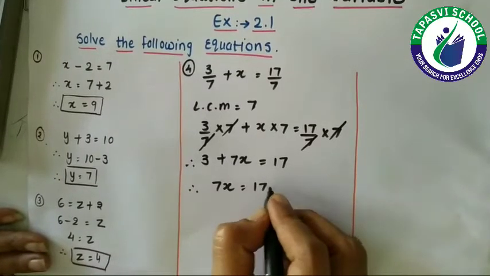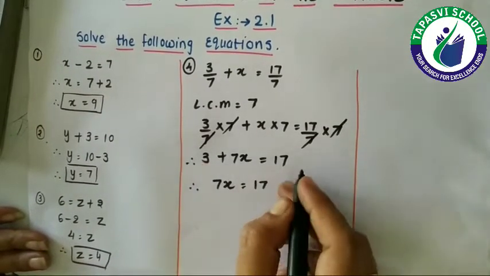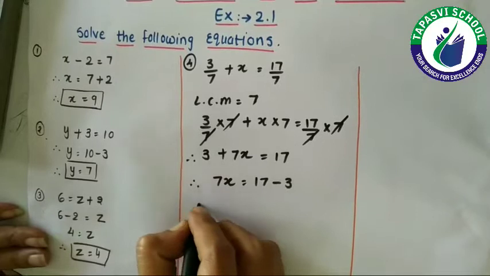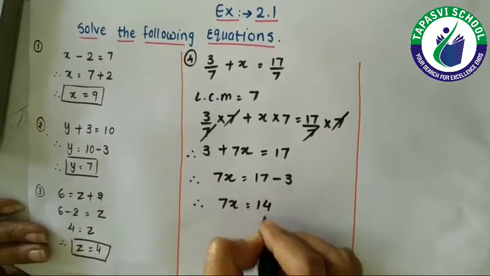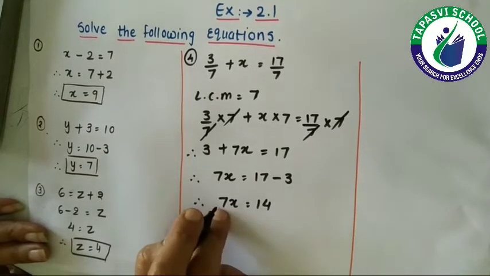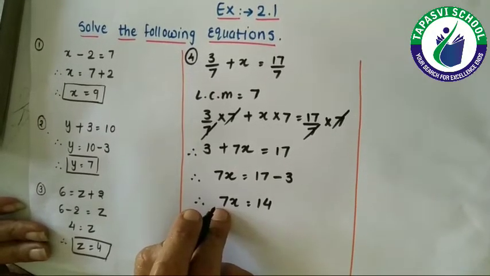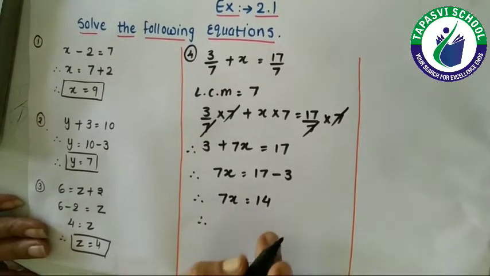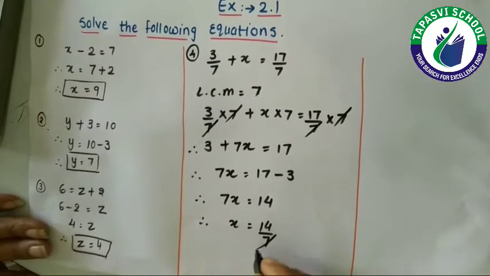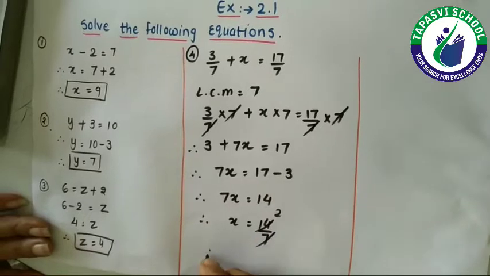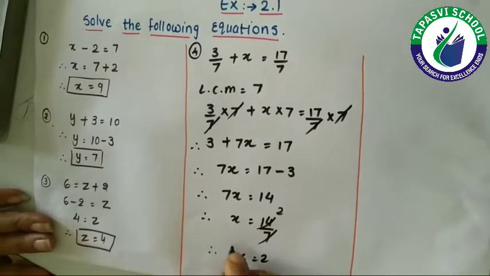Here 17 plus 3 will come this side, minus 3. Therefore 7x is equals to 14. Now this 7 is in the relation of multiplication this side, it will come in the relation of division this side. Here 7 2s are 14. So our x will be 2.